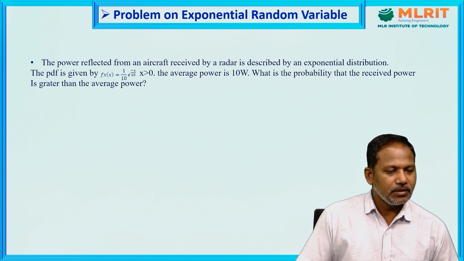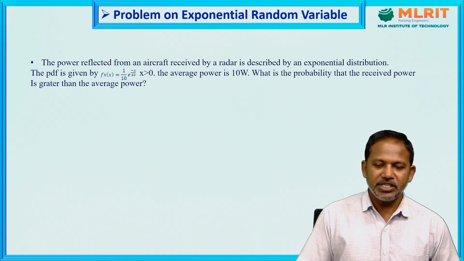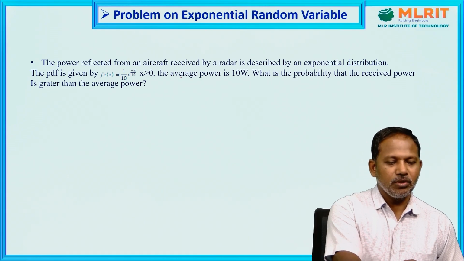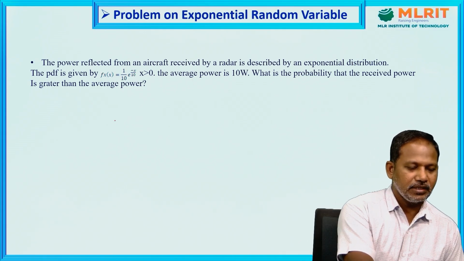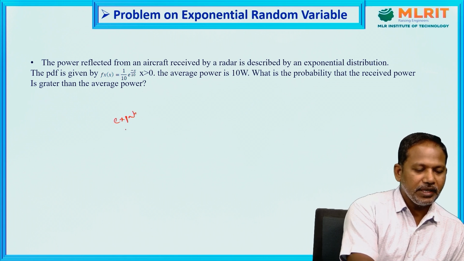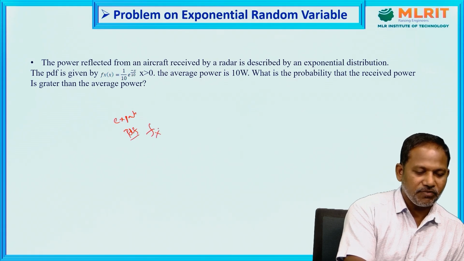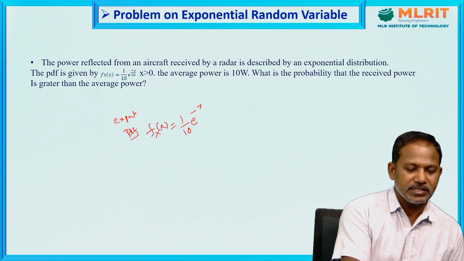See the statement: the power reflected from an aircraft received by the radar is described by an exponential distribution. So here, the amount of power received by the radar receiver is given as exponential, and the probability density function is also given, that is fx of x is equal to 1 by 10 into e power minus of x by 10 for x greater than 0.